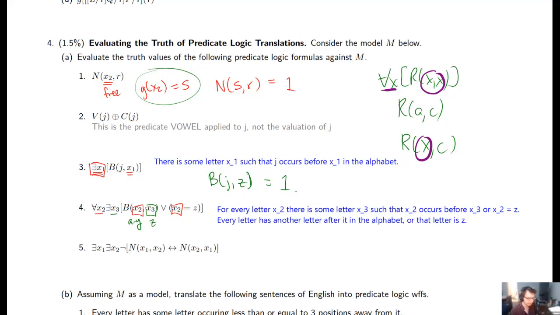But as soon as you pick Z for x2, suddenly there's no letter after Z, but it happens to be the case that Z equals Z. So this one is also true.